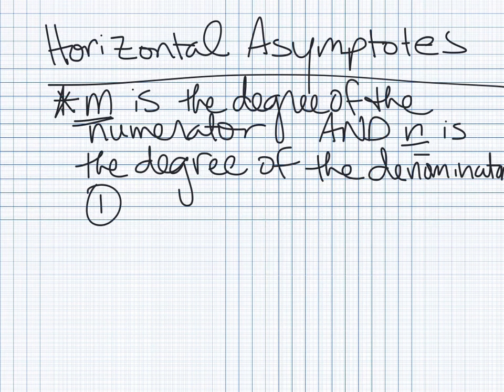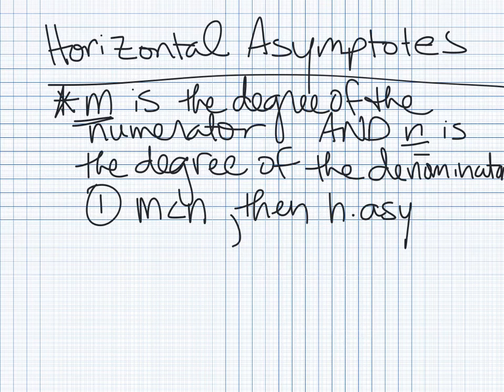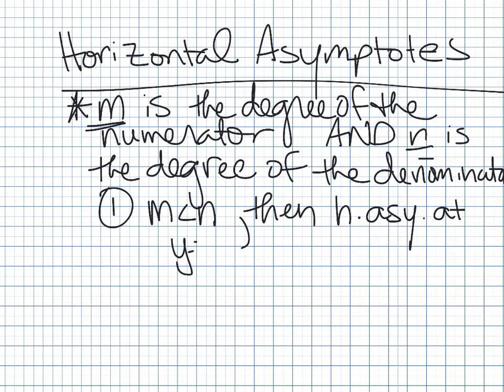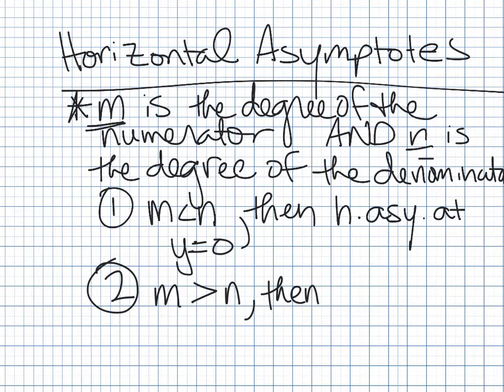The first, if your m is less than your n, then you'll have a horizontal asymptote at y equals 0. If your m is greater than your n, then you don't have a horizontal asymptote.